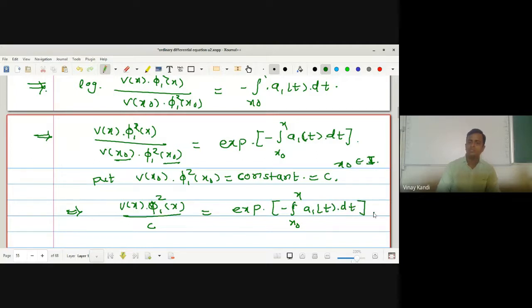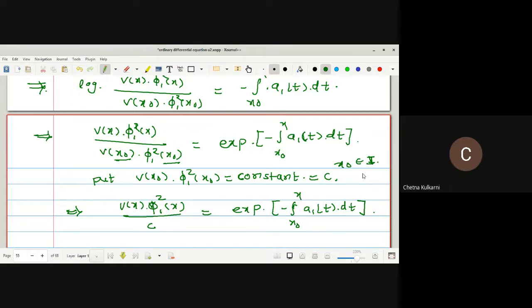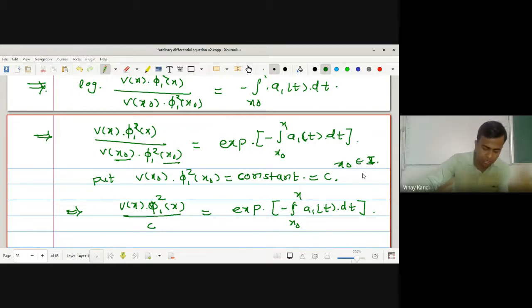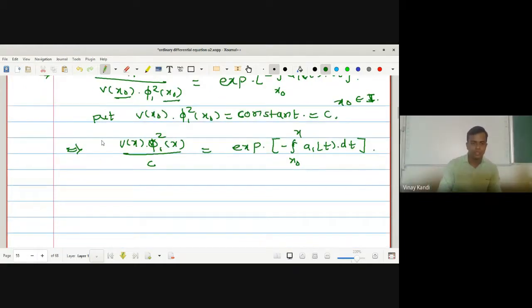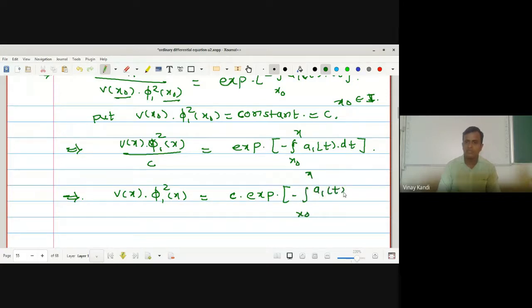Any doubt? Which implies v of x into phi1 square of x is equal to c into exponential of minus x naught to x a1 of t dt.